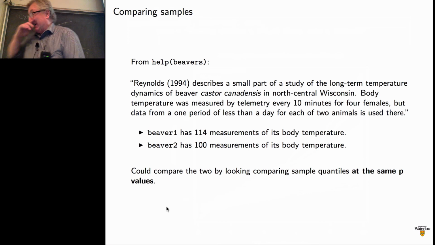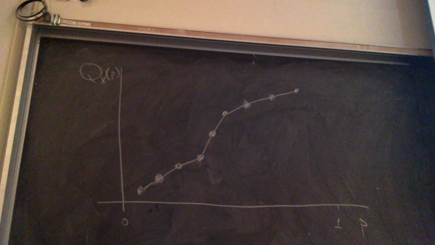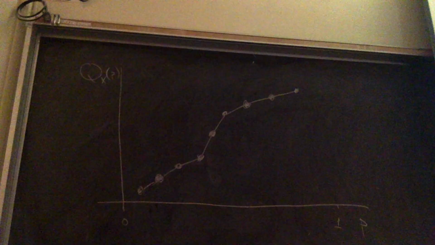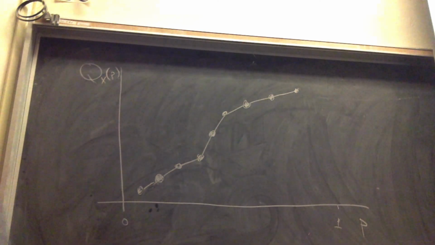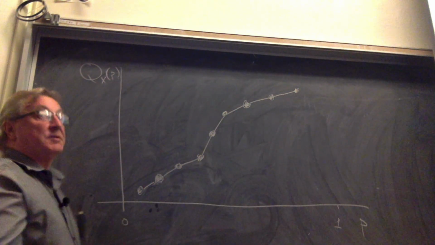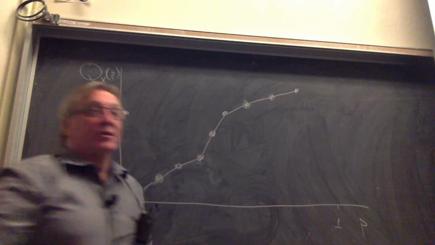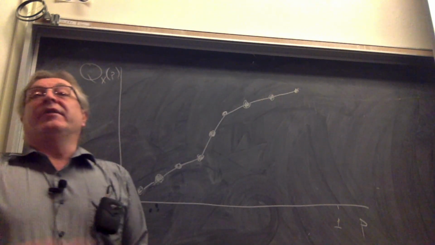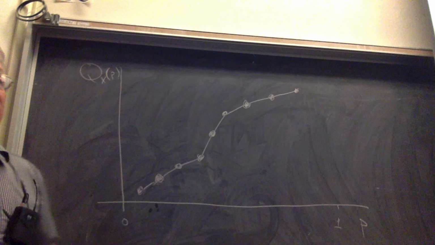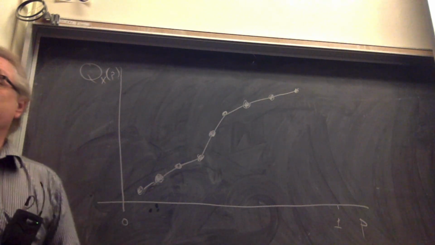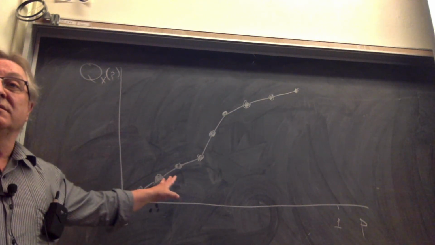And how we're going to do that is, at the board here, you imagine that you've got a quantile plot. So this is, say, beaver 2's temperatures. And I have to generate a sample of whatever size from the same distribution as this quantile.